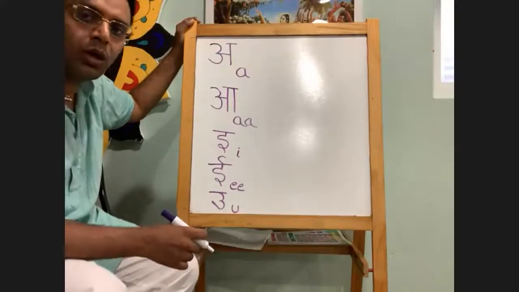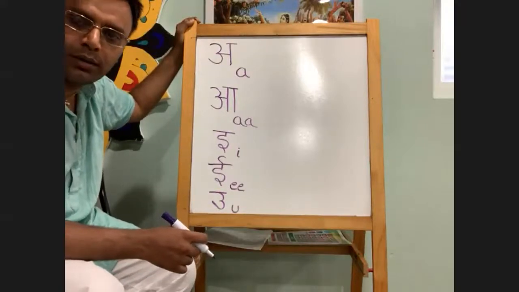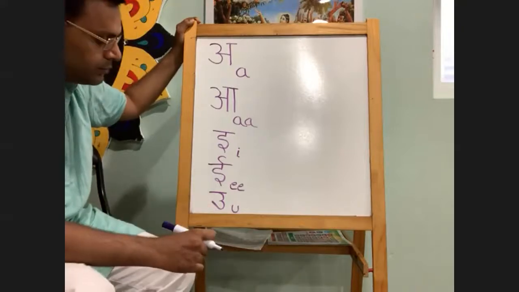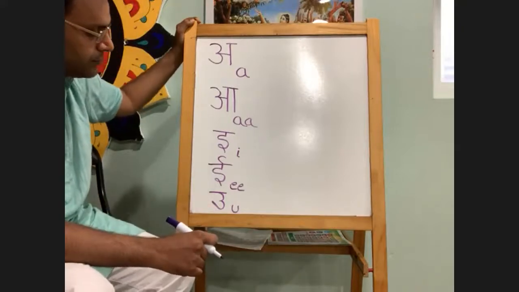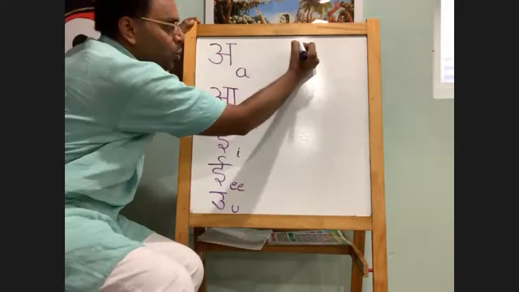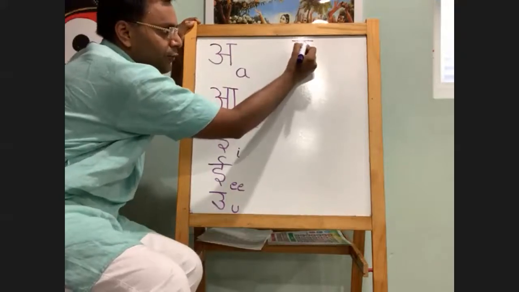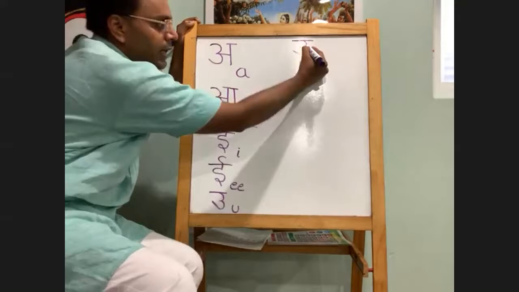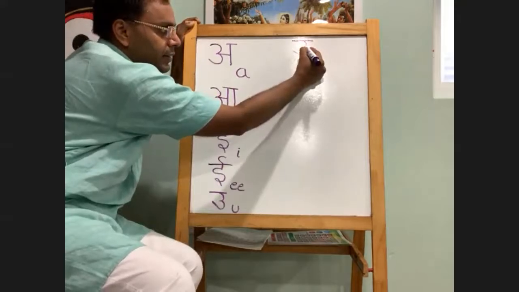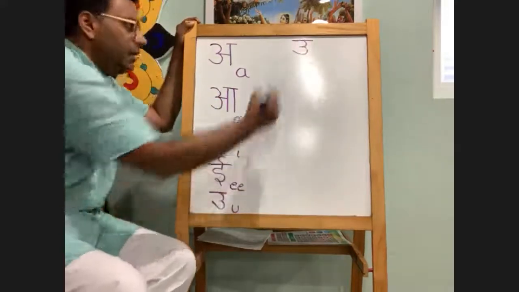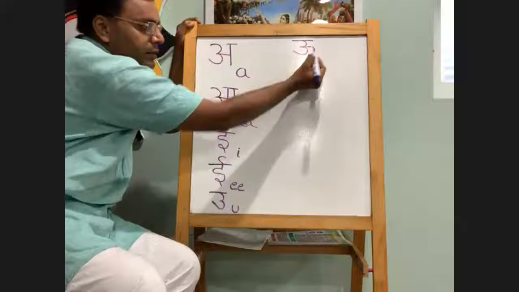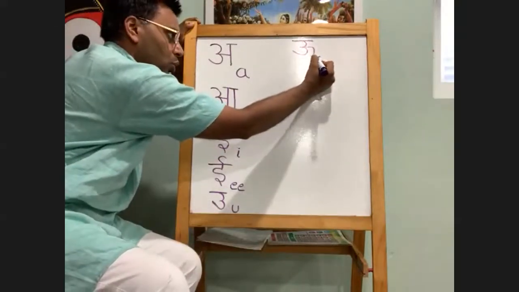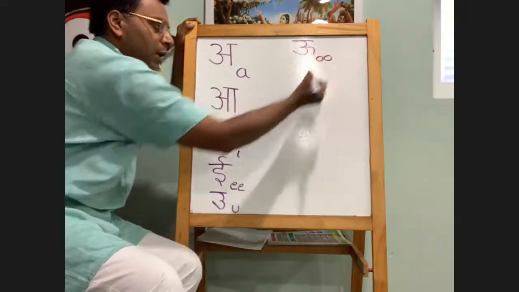You write the same u and then there is a tail here. The sound is like a double O.